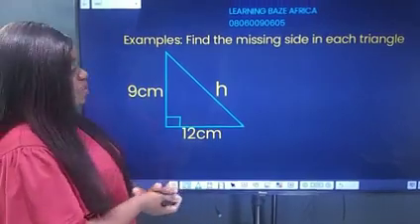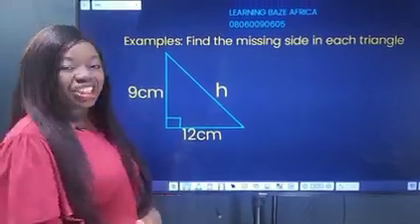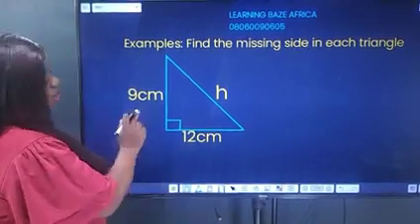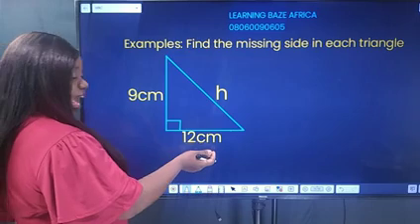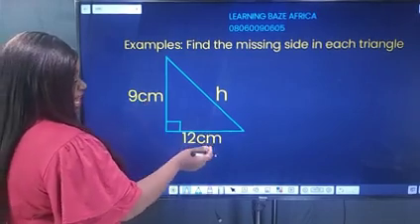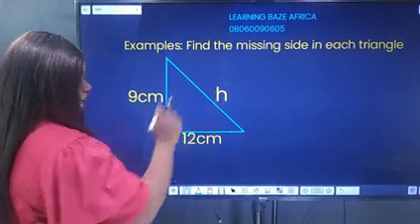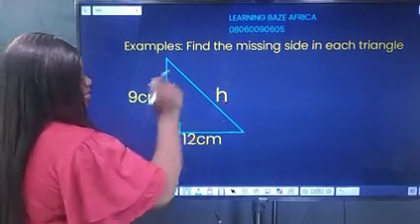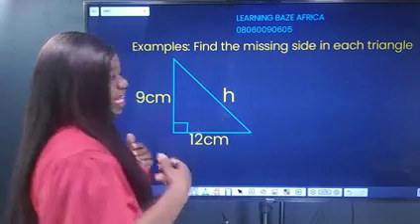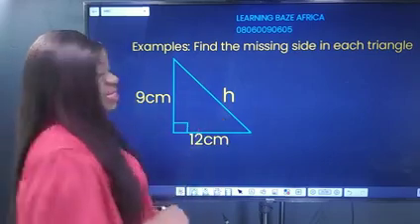Let's see an example. Find the missing side in each triangle. Now this is the first triangle. We have the opposite, we have the adjacent. Don't forget that this is the opposite, this is the adjacent, and this is the hypotenuse. So the hypotenuse is represented with H. So if you're to find the length of the side, you use Pythagoras theorem.